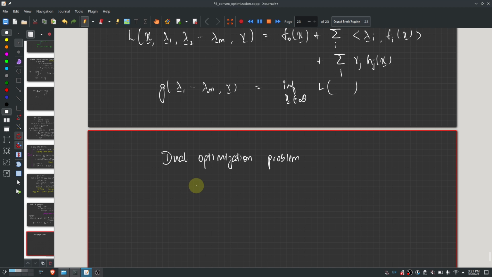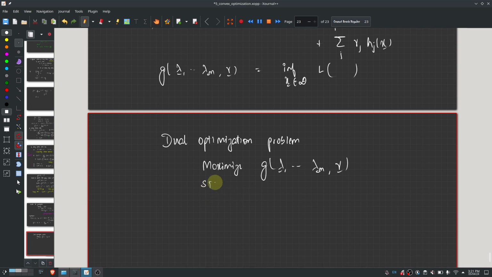The dual optimization problem would be you maximize g of lambda 1 up to lambda m, nu, subject to the following constraints, that each lambda i, remember that each lambda i is a vector, is greater than or equal to 0, but this is going to be a generalized inequality, and this generalized inequality will be with respect to the dual cone.